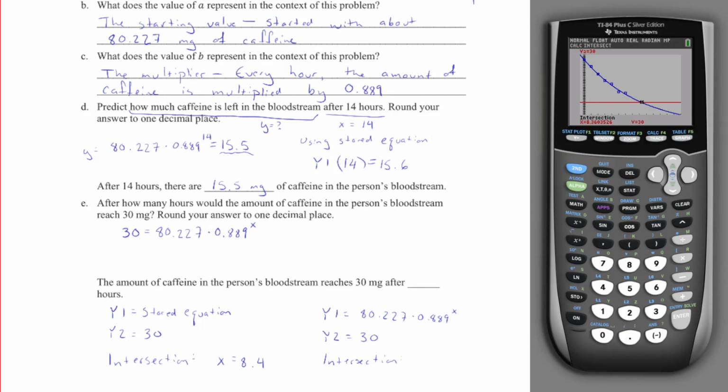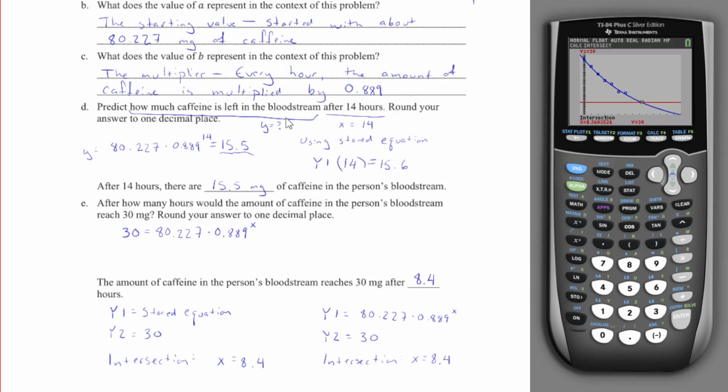This is a slightly different number than we had before. But by the time we round to one decimal place, they're actually exactly the same. So using the rounded versus the unrounded equation doesn't change this answer at all. The amount of caffeine in the person's bloodstream will reach 30 milligrams after 8.4 hours.